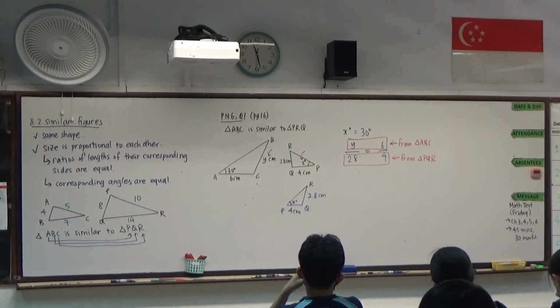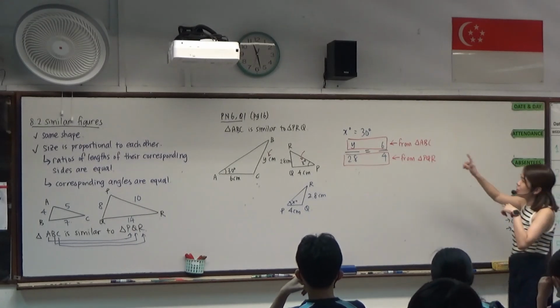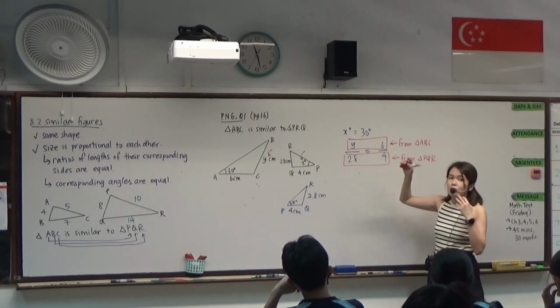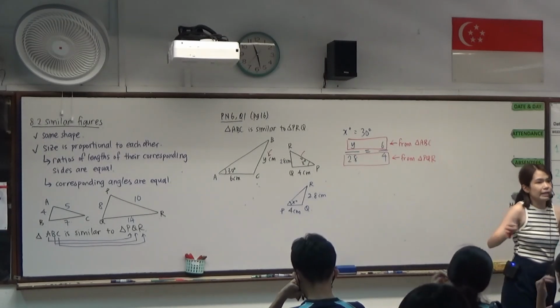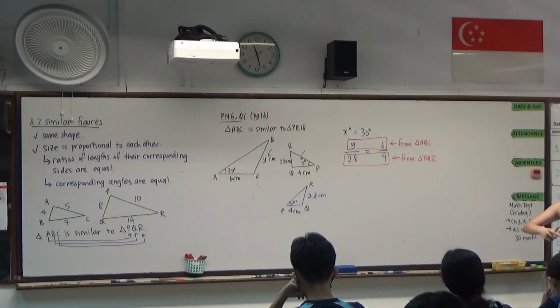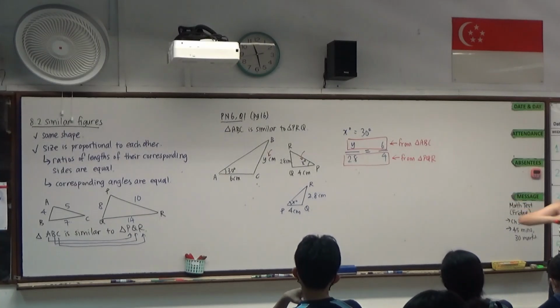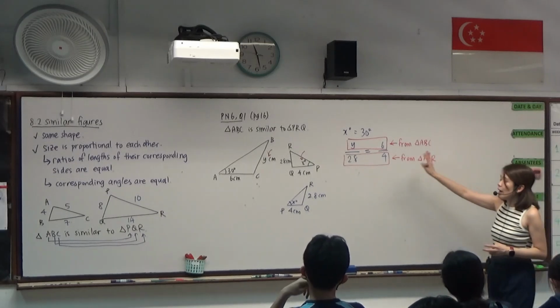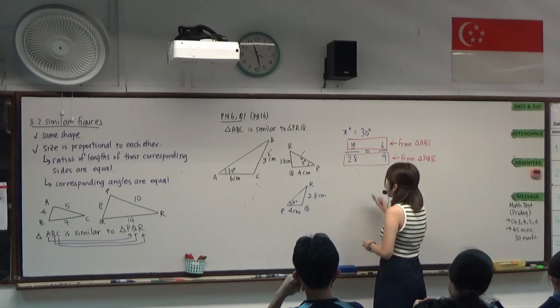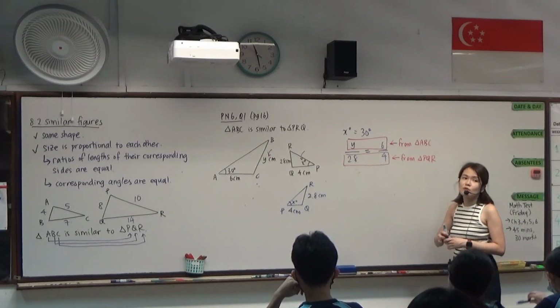You cannot have values from different triangles on the numerator or denominator, and it cannot be switched the other way around. The numerator must all come from the same triangle, and the denominator must come from the same triangle. So I will express my answer as Y over 2.8 equals 6 over 4.